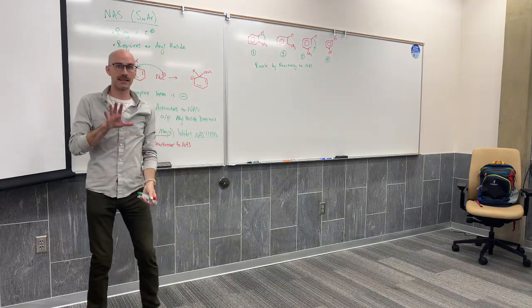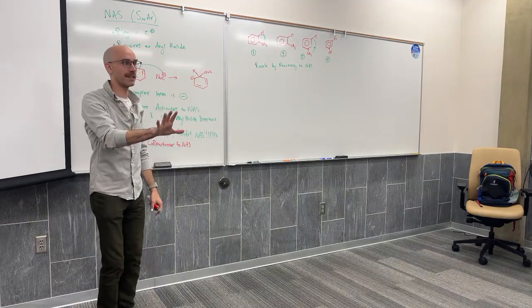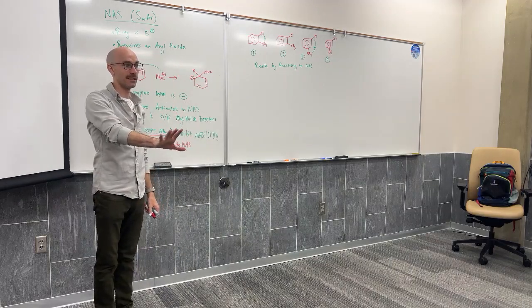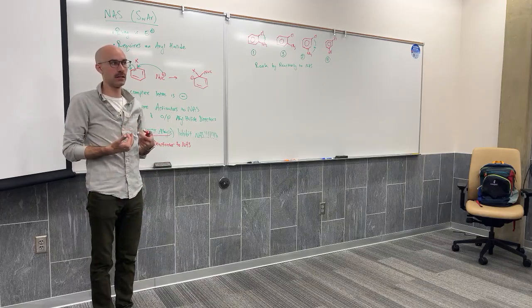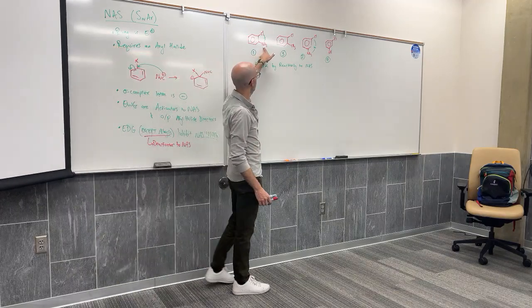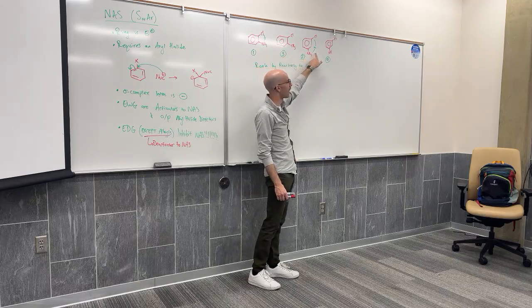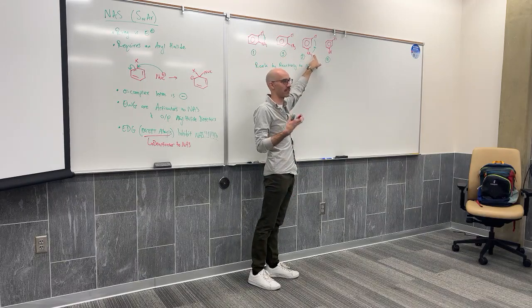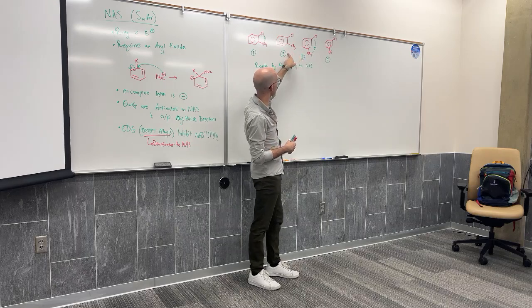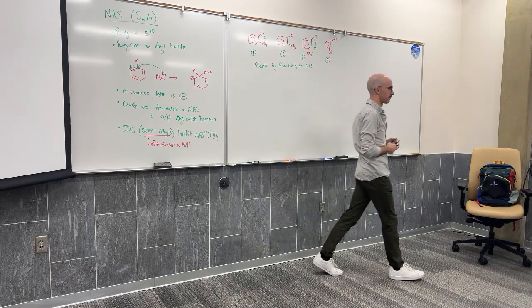Methyl, on the other hand, is pushing electron density into the ring, making it harder for the ring to accept new electrons. So even though this is not placed best, it's still having a positive effect on the ring's electron density relative to this.